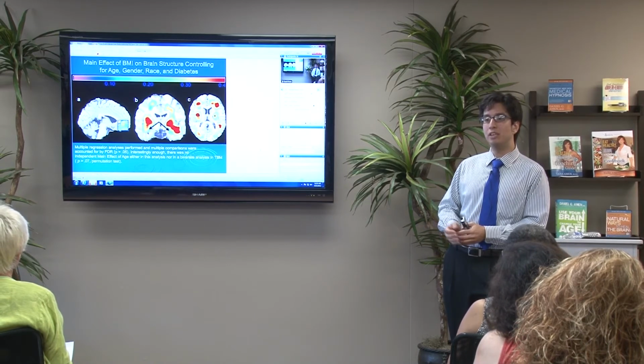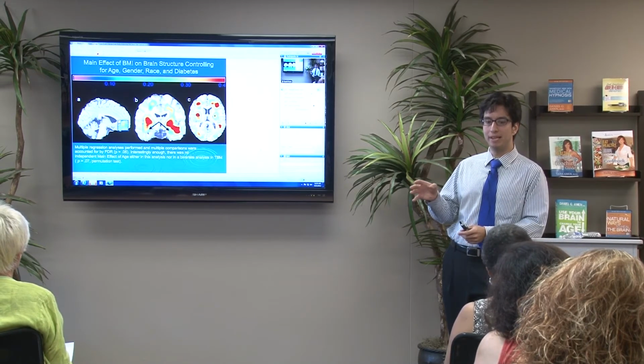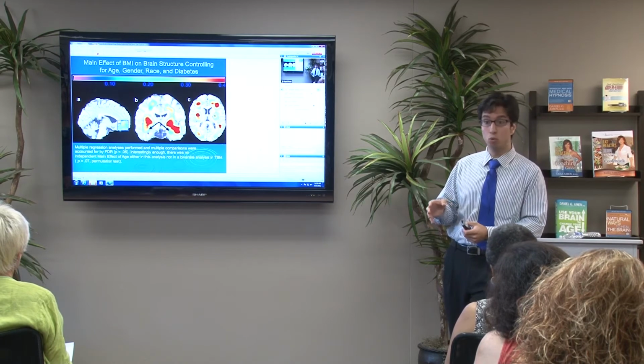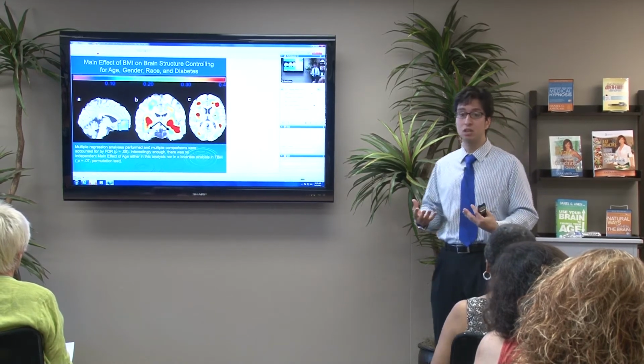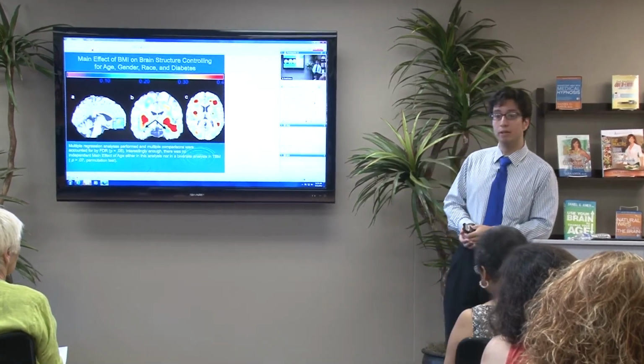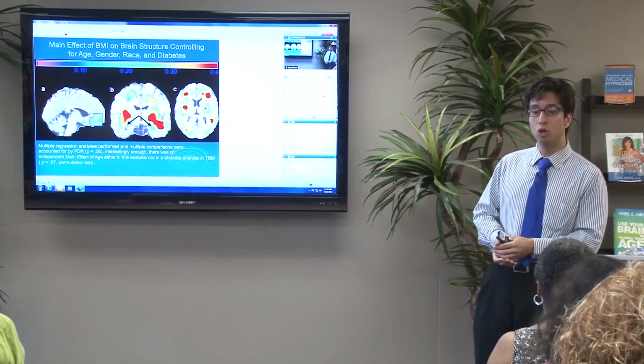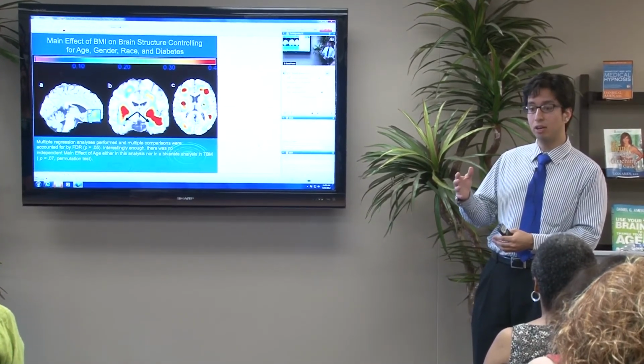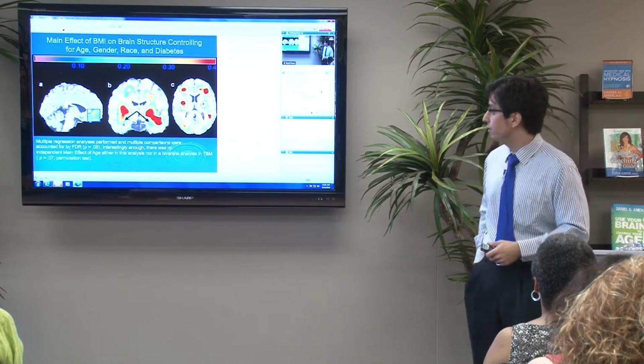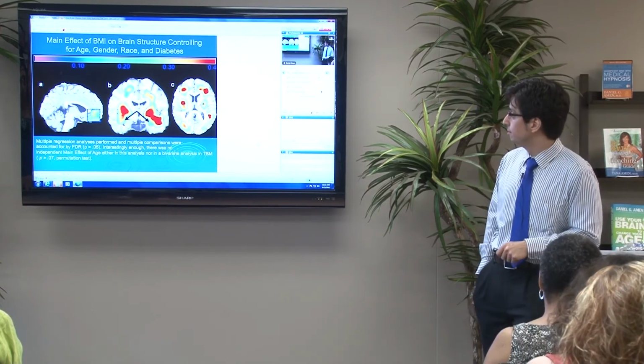So you're looking at the effect of obesity on the brain in survivors, in people who are hardy enough to live in their 80s, but it's still a big hit to the brain, unfortunately. So these are individuals who have survived enough to get there, but still you can see the effect obesity has on the brain.